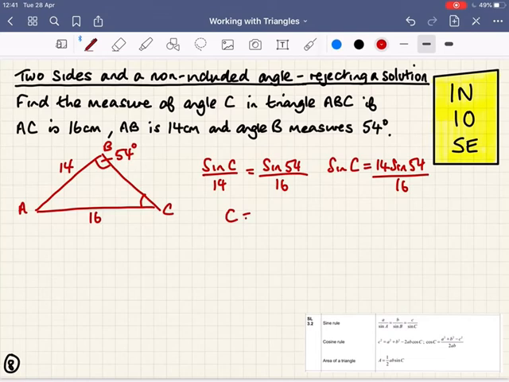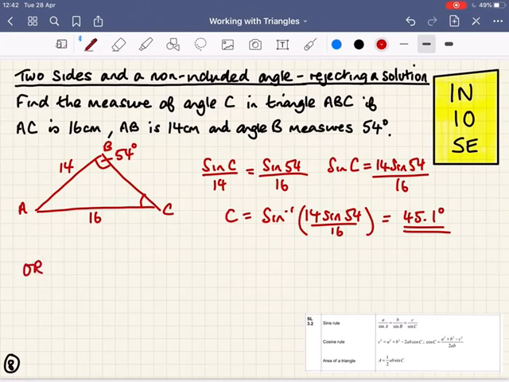So C is equal to the inverse sine of that, 14 sine 54 over 16, which gives me an angle size between 0 and 90 degrees here of 45.1 degrees. Now before we said there might be a possible second solution. So we could say, well, C could also be 180 minus 45.1 degrees, which would be 134.9 degrees.